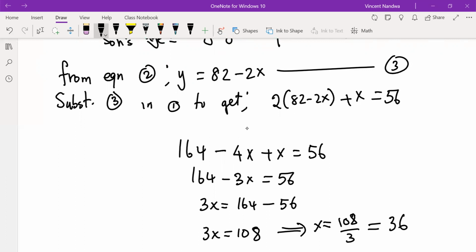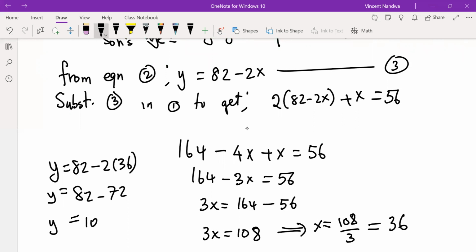And so from equation 3, Y will be 82 minus 2 times 36. So 82 minus 72, Y will be 10. So therefore, the age of the son is 10 years and the age of the father is 36 years.